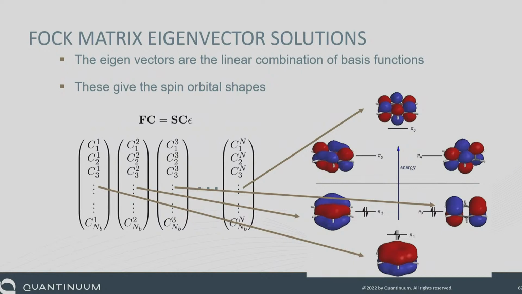Now, going back to our benzene example, we're not using atomic orbitals now, we're using this arbitrary basis expansion. Okay, let's say STO-3G. Now, by solving the Fock operator, the Roothaan equations, each eigenvector solution is one of the spin orbitals.